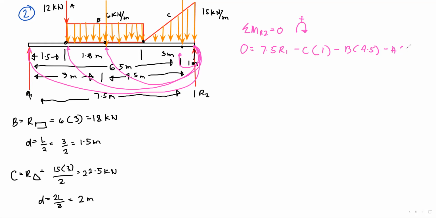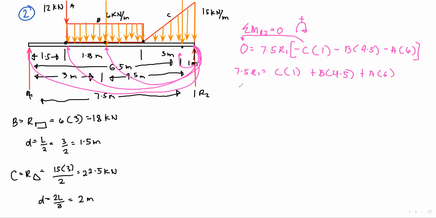Then we transpose this whole expression, so it becomes 7.5 R1 equals C plus B times 4.5 plus A times 6.